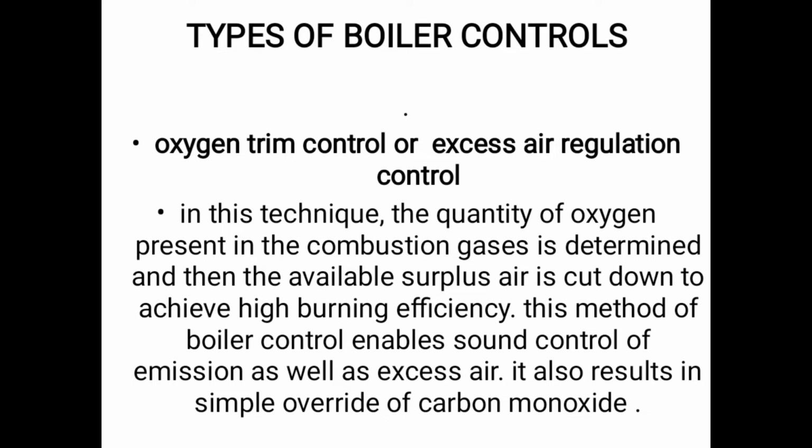An oxygen analyzer is installed on the exhaust flue gases of the boiler, which continuously monitors the excess oxygen percentage, and this transmitter gives a signal to the air controller, and the air controller reduces air accordingly. If the excess air is increased, then the O2 analyzer detects the excess air and gives a signal to the air controller, and the air controller finally decreases the air demand to increase the efficiency.